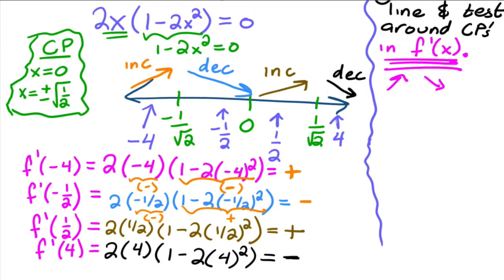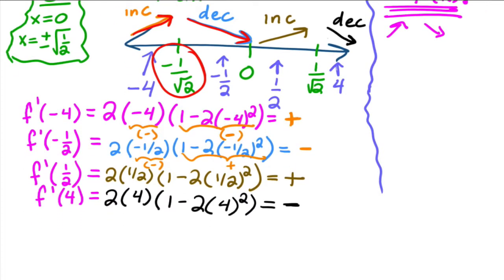Now, we notice that here it's increasing and then it's decreasing, which means that this point, negative 1 over root 2, is going to be a local maximum. Local maximum at x equals negative 1 over root 2.